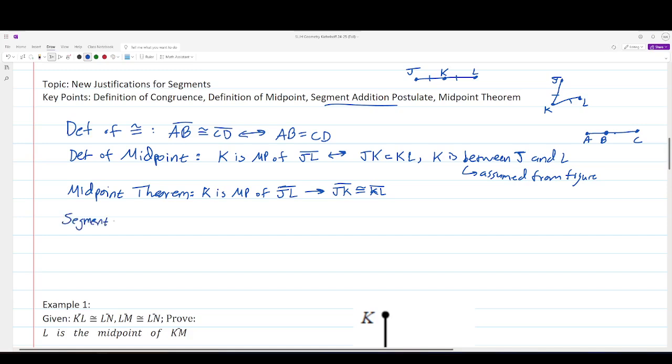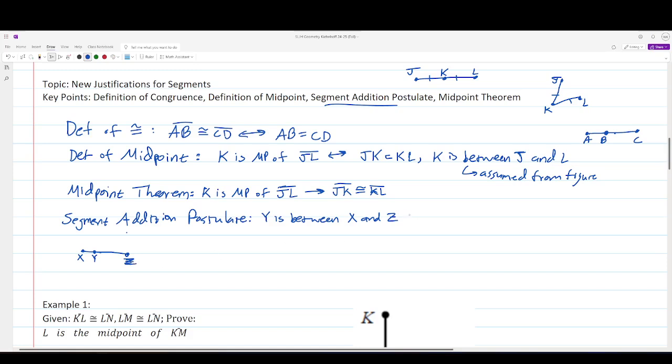which is the segment addition postulate. Segment addition postulate says that if, let's pick some new letters, if Y is between X and Z, so that means in a picture, these are collinear because between requires collinearity. So I now have X, Y, Z for my picture.